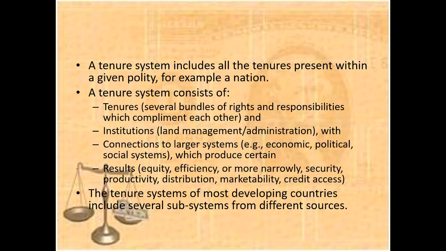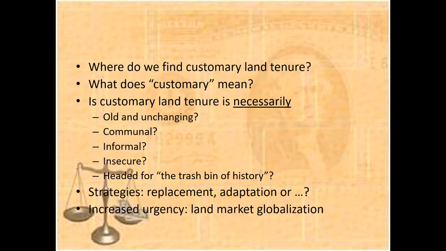Those results may be based on equity, efficiency, or more narrowly security, productivity, distribution, marketability, credit access, etc. So this is what a tenure system consists of. And the tenure system of most developing countries includes several subsystems for different sources also. This is also very important for understanding this topic.